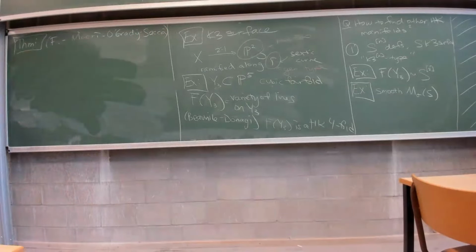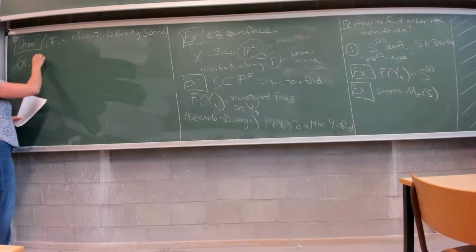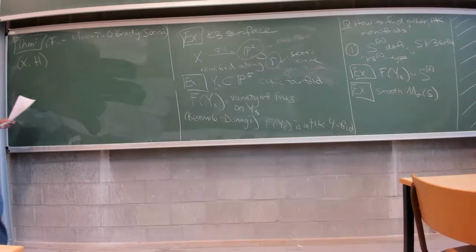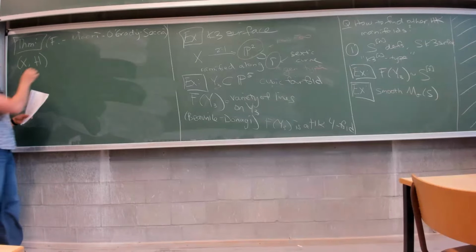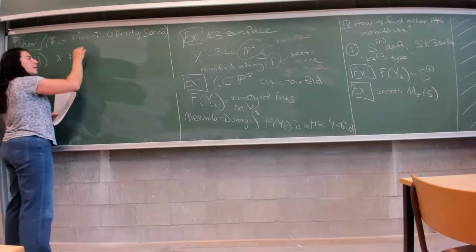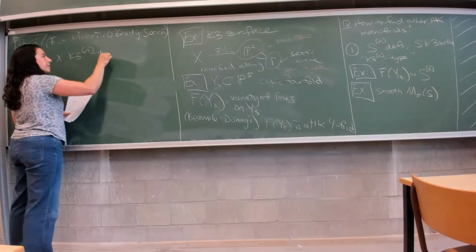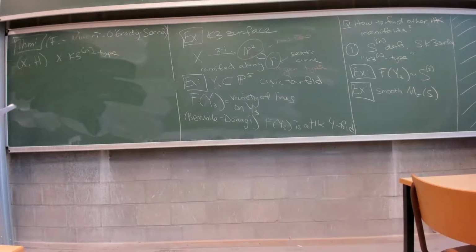What the result says is: X is a hyperkähler manifold, and H is a choice of ample class on this hyperkähler manifold, such that X is of K3^[n] type, in the sense that I gave, meaning it's a deformation of a Hilbert scheme of n points on a K3 surface.